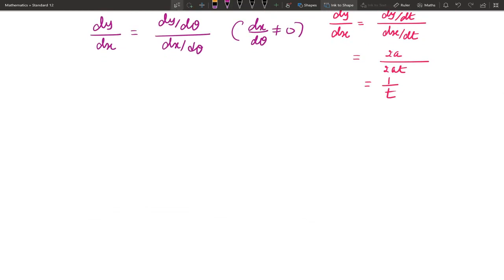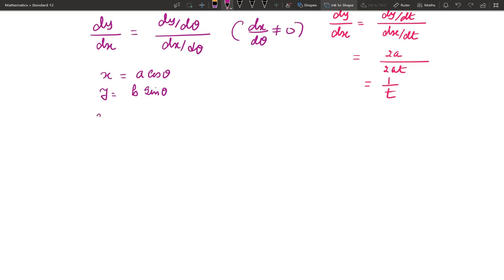For example, x equal to a cos theta, y equal to b sin theta. So you are familiar with this equation. These are the parametric equations for ellipse, where theta is the parameter.